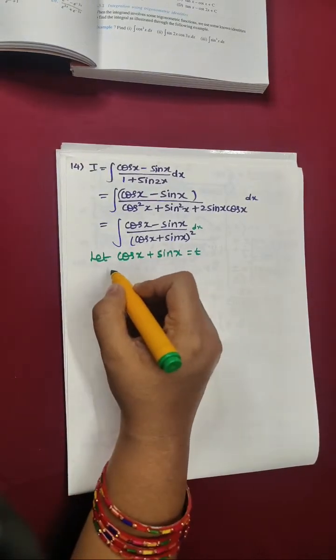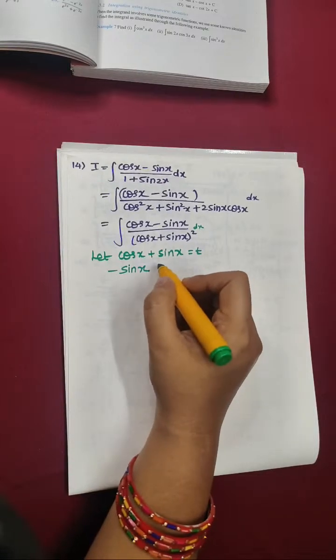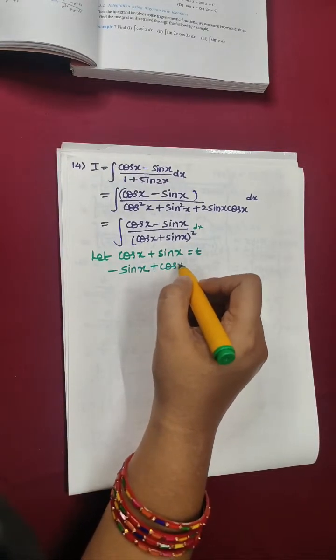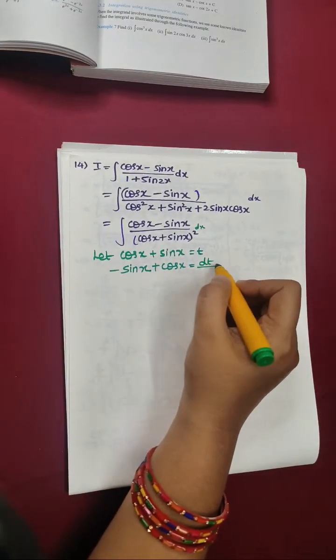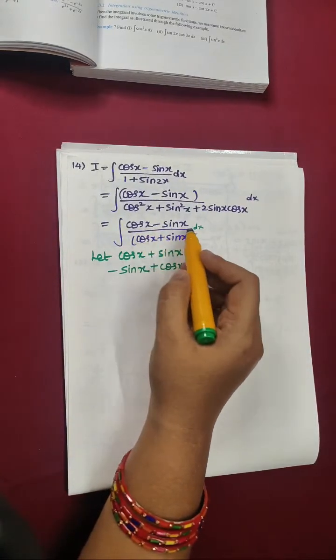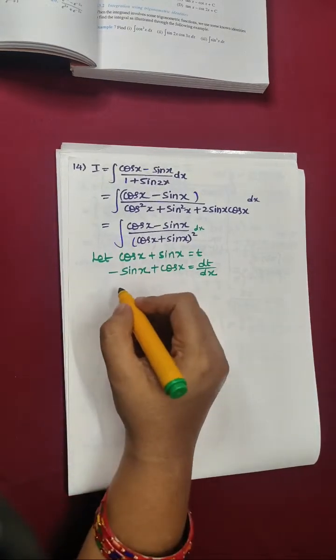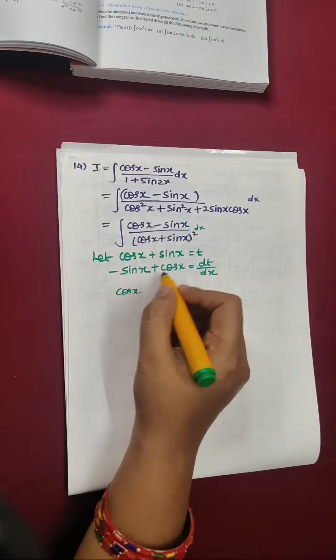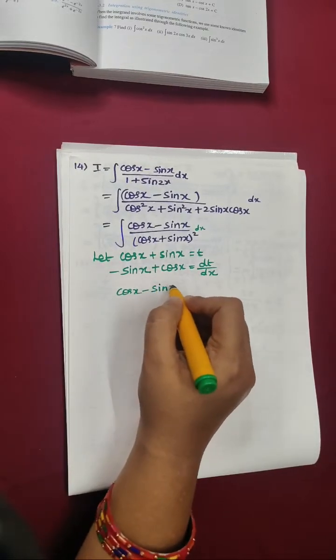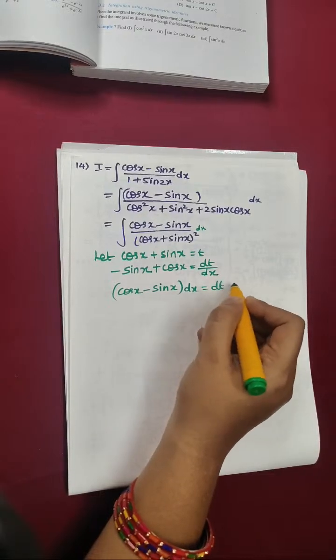So cos x differentiation is minus sin x, and sin x differentiation is cos x, and t differentiation is dt by dx. Since you have cos x minus sin x here, and here also you got the same thing, take this dx to the right side. So I am just writing the positive term first, negative term next, into dx equal to dt.